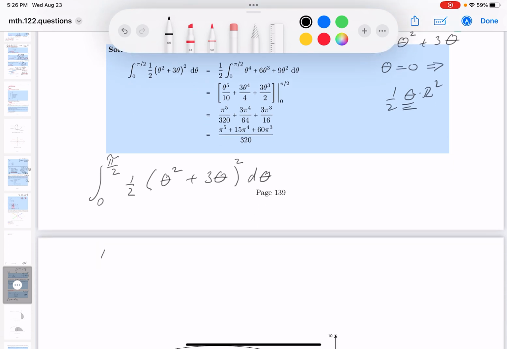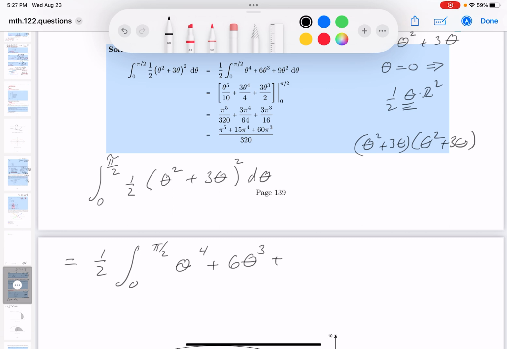So what are you going to get? 1/2, integral from 0 to pi over 2. That's going to be theta to the 4th power. And what we're doing is theta squared plus 3 theta times theta squared plus 3 theta. So you're going to get 6 theta cubed. That was pretty easy.